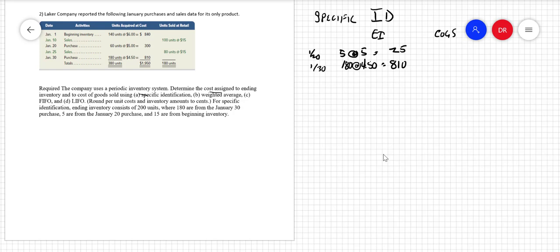And then we have 15 from beginning inventory. So this is like January 1, beginning inventory. We have 15 at $6, which equals $90. Okay, so our cost of ending inventory using specific identification is $925.